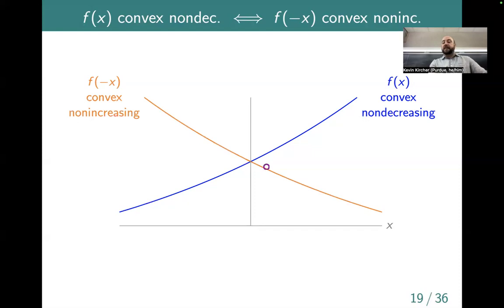Then that function is again convex. But now rather than being non-decreasing, meaning going up, it is non-increasing, meaning going down. So we retain the convexity property, but we flip the monotonicity property.